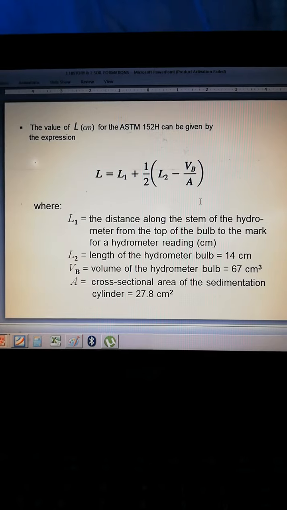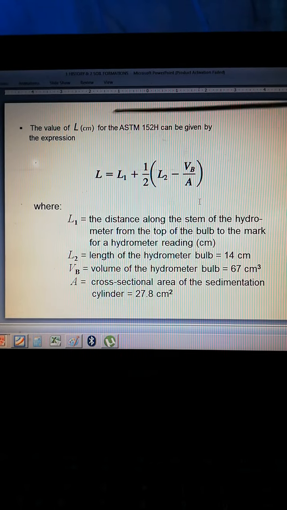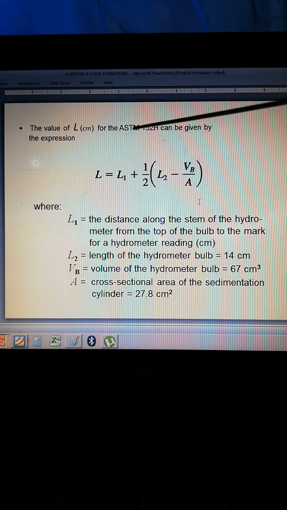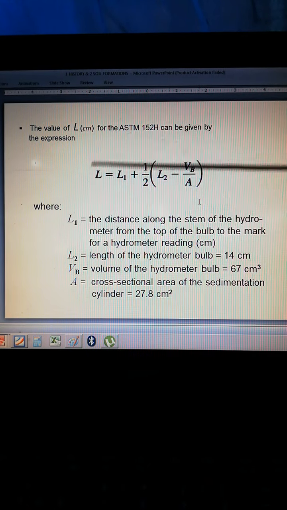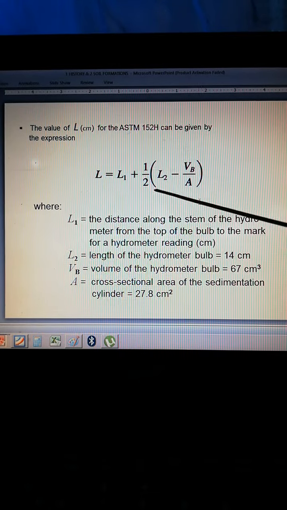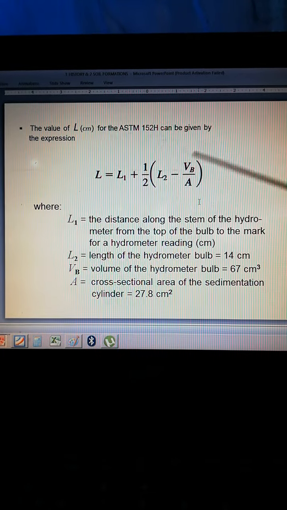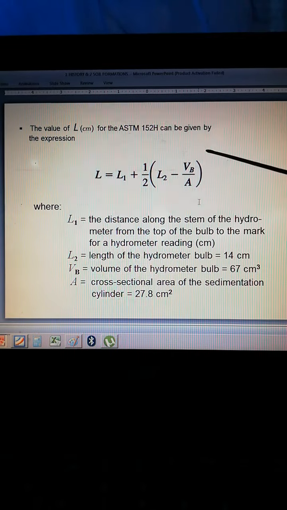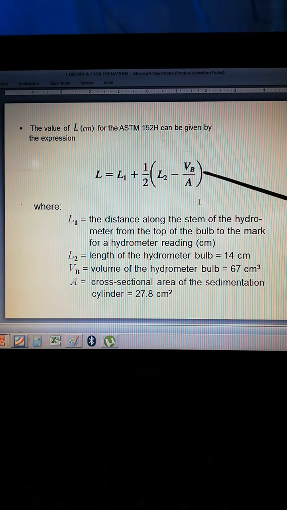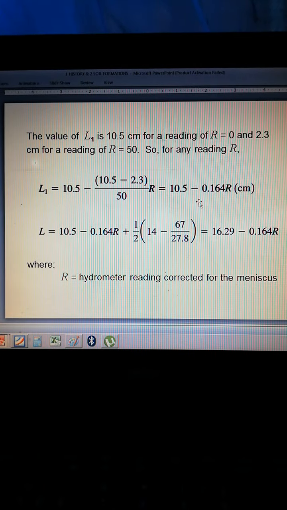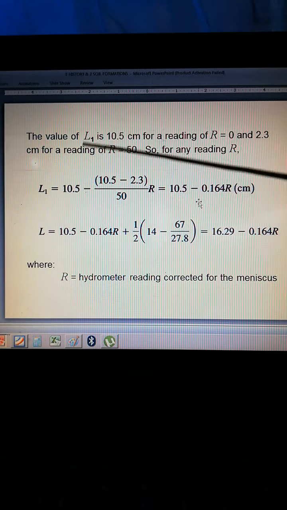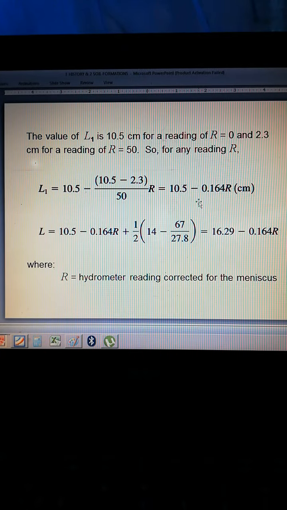The value of L in centimeters for the ASTM 152H hydrometer, a standard hydrometer, can be given by the expression L equals L1 plus this formula. L2 consists of V sub B, the volume of the hydrometer bulb, and A, the cross-sectional area of the sedimentation tank or cylinder.